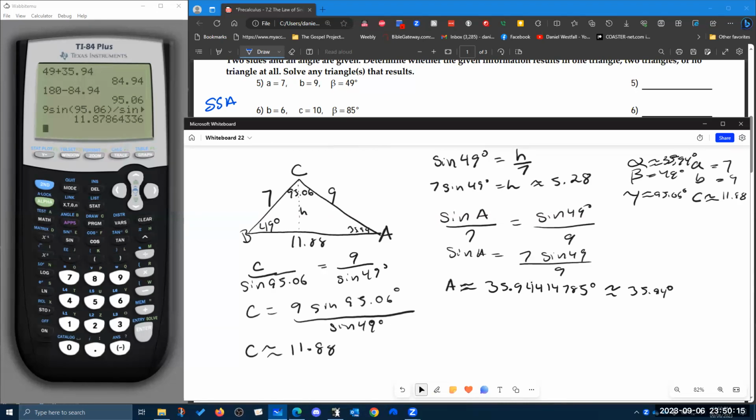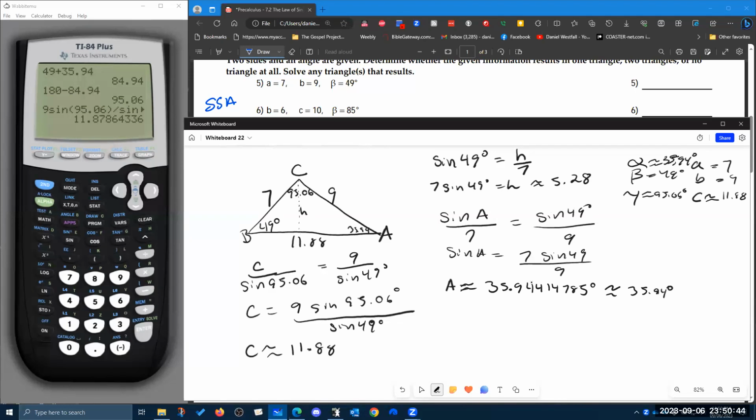Now, one of the other ways that we can figure out if there's another triangle is that this first angle that we calculated here may not have been acute.